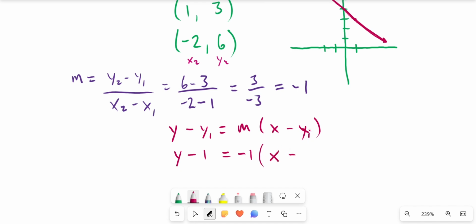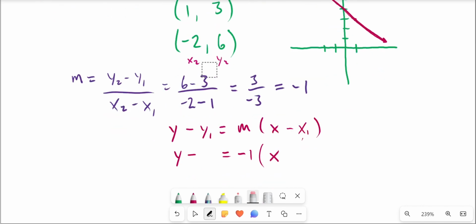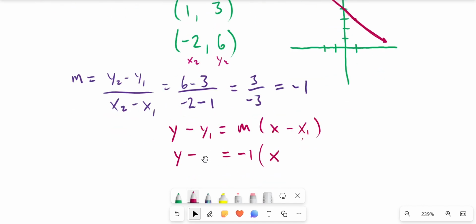Excuse me, this should say x1 here, to be in accord with my formula. And gracious me, I'm messing this up. So y1 is 3. Yes. And this is x1. So we subtract 1. And from here, we have an equation.